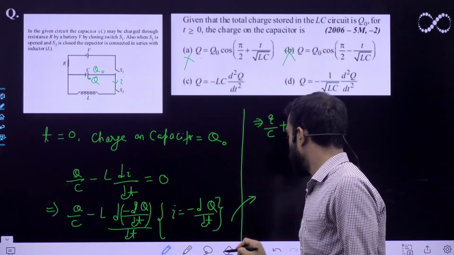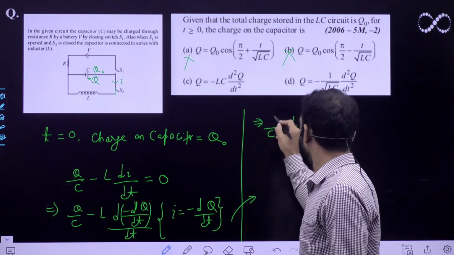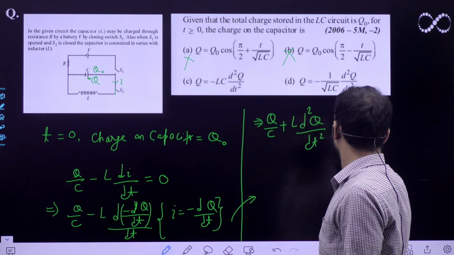So I will take only capital Q. And this is equal to 0.